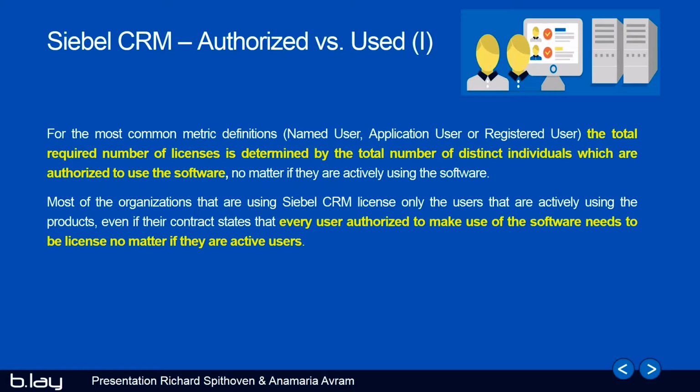One of the most common mistakes of organizations using Siebel is to license only the users that are actively using the products, even if their contracts state that every single user authorized to make use of the software needs to be licensed. And I fully agree with you, Anamaria.